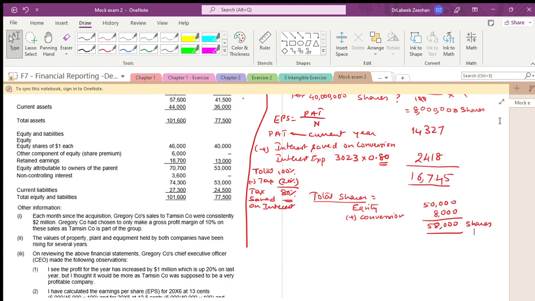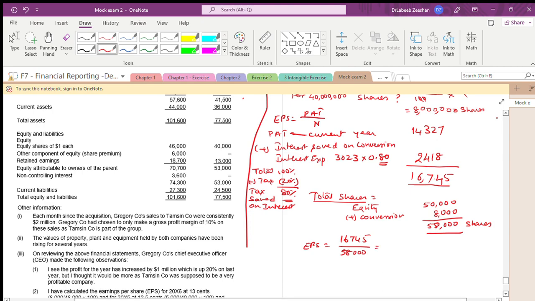How much is the profit? 16,745. EPS equals 16,745 divided by 58,000.